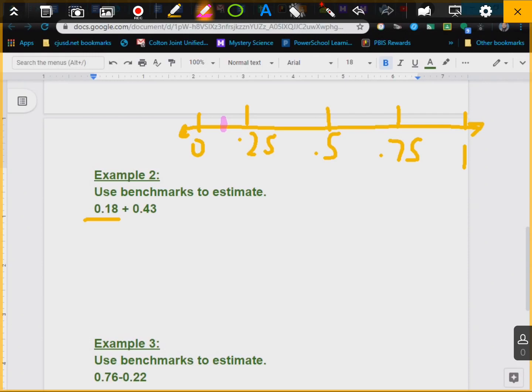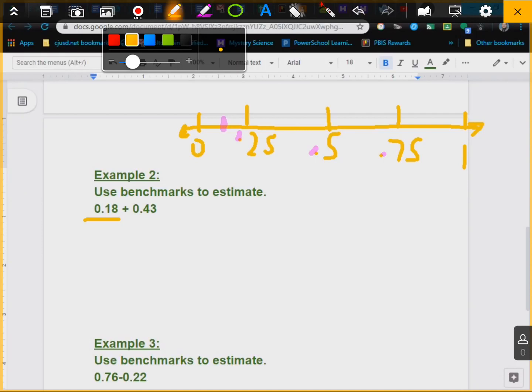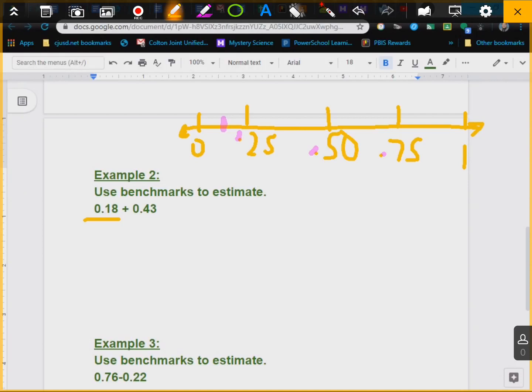Well, think of it as if we didn't have these decimals. Let's say this was 50, because that's what 0.5 is. It's 50, 75, 100, which is 1.00. Okay. Let's just pretend that exists.